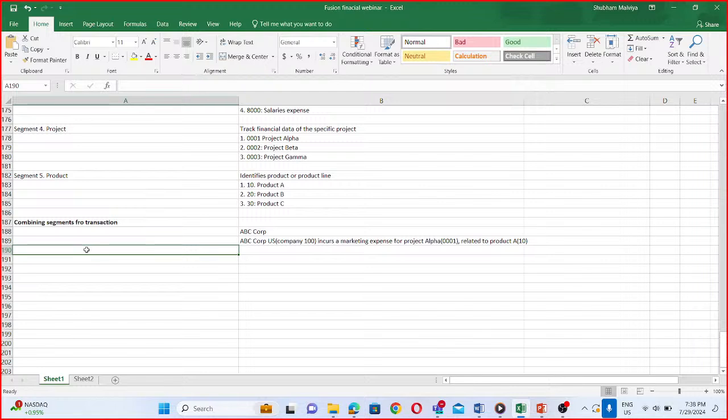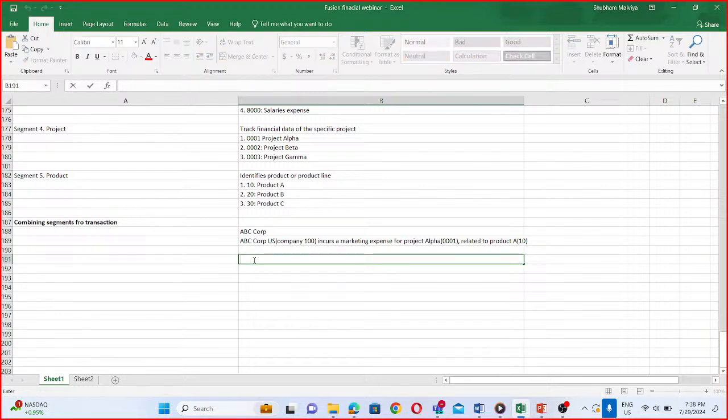Got it, friends? So how will the segment values appear? The segment values would be company 100, that is ABC Corporation US.